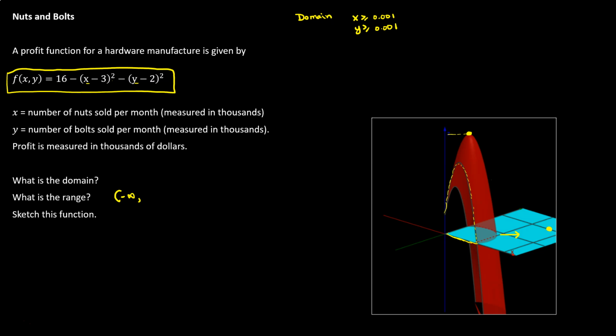Same with the y term. As y gets bigger, eventually it'll be equal to 2. When it's equal to 2, that group is equal to 0. So it would be like 16 minus 0 minus 0. So the largest output of our function would be at z equals 16. So we can see that the range goes from negative infinity up to positive 16.